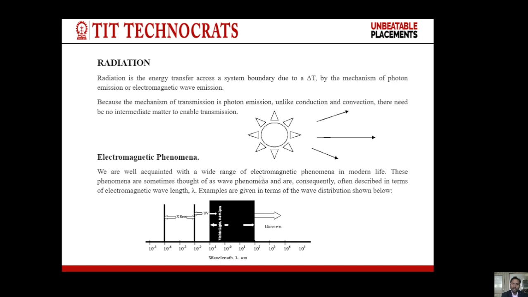Here thermal radiation takes place. We are well acquainted with a wide range of electromagnetic phenomena in modern life. These phenomena are sometimes thought of as wave phenomena and are often described in terms of electromagnetic wavelength lambda.